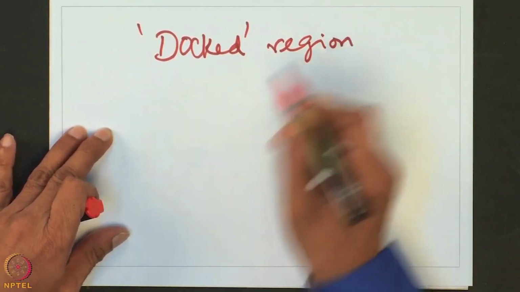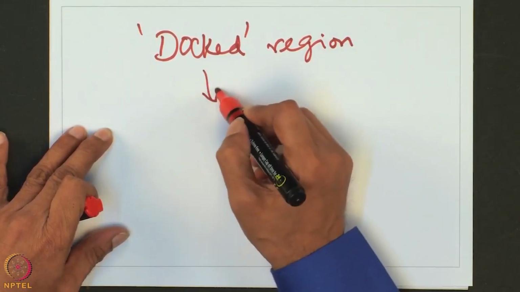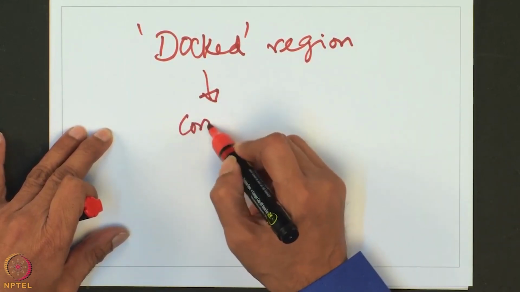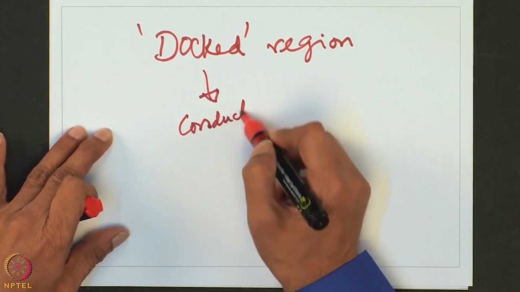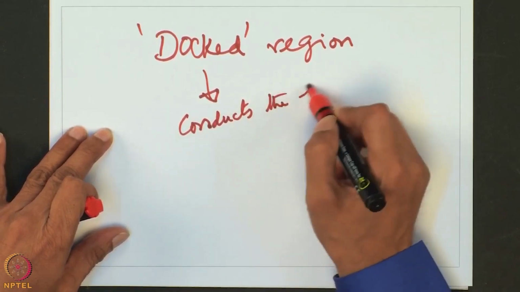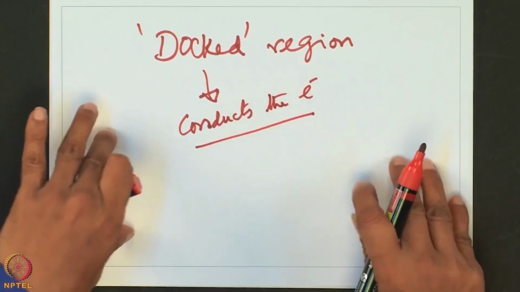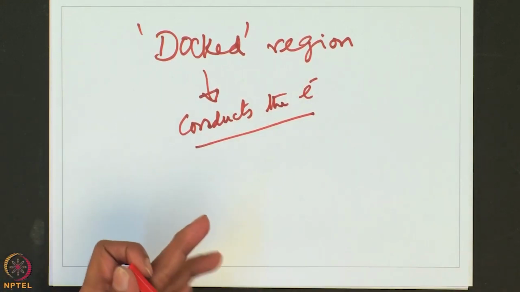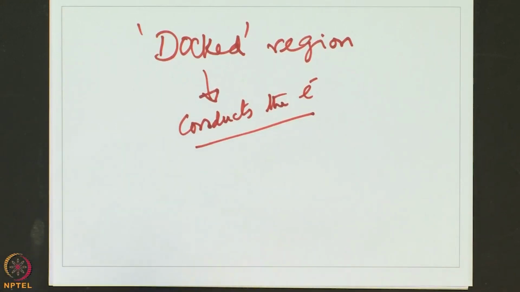This docked region is important because this is the region which allows or conducts the electron. Therefore, the properties of this docked region are important between the two redox partners or two redox enzyme partners here.